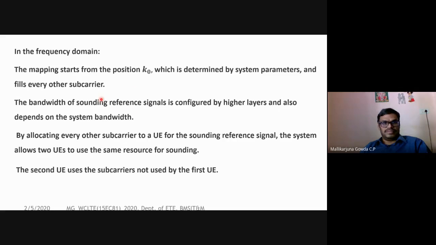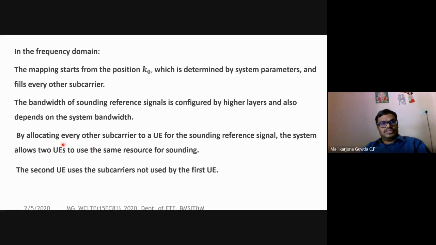So by allocating every other subcarrier to the user equipment for the sounding reference signal, the system allows two user equipments to use the same resource for sounding. Means the second user equipment uses the subcarriers not used by the first user equipment.